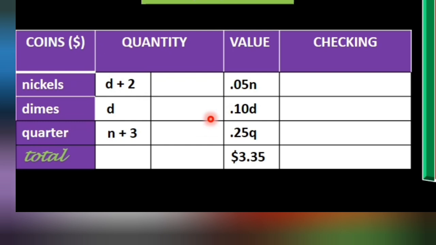The number of dimes is 5, or the quantity. So substitute 5 here. So 5 plus 2 equals 7. And substitute 7 here. 7 plus 3 equals 10.